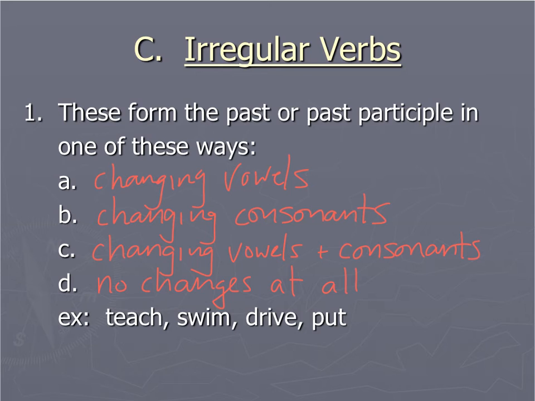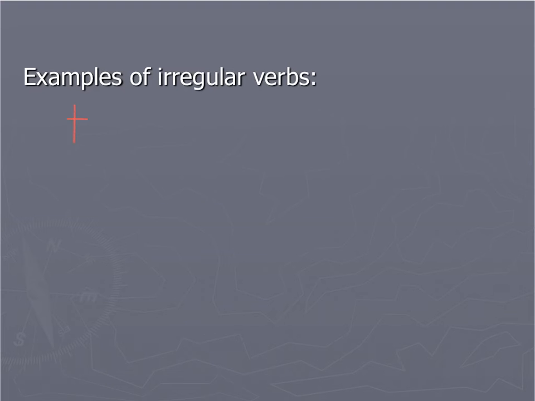Right? And so now what we're going to do is we're going to take teach, swim, drive, and put those in the irregular past and past participles. So we're going to have teach, drive, swim, put. I'm going to take go too. So let's put them in the past.